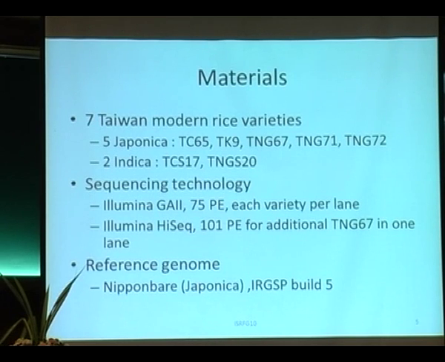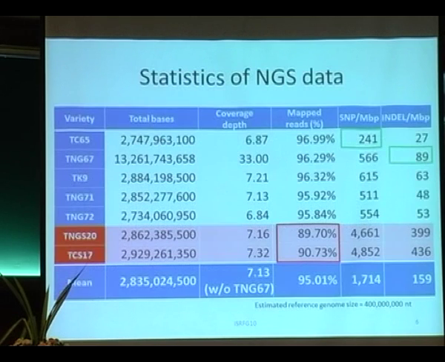Later, because Genome 67 is very important to genomic research in Taiwan, we did additional sequencing, 101 paired-end for one lane. Our reference genome is still IRGSP5, and I will change to Genome 1 quickly.